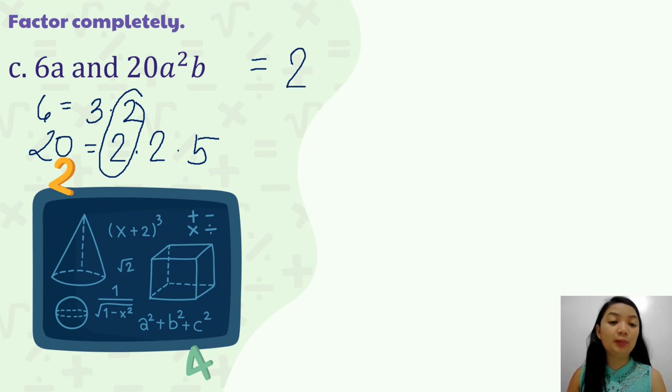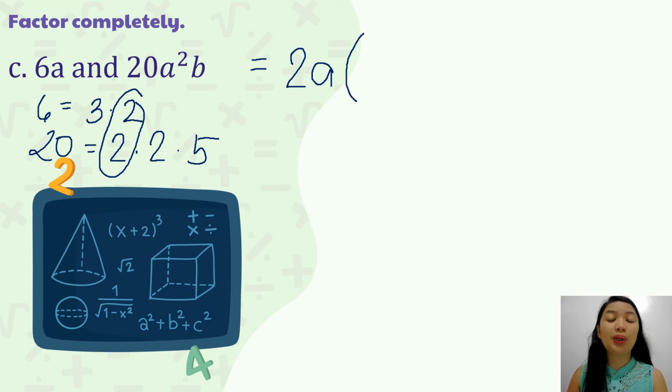How about the variable? Is there a common variable between them? Yes, that is a. Can we write b as another common factor? Correct. b is not present in the first term, so therefore b is not a common factor between the binomial terms. So we only have 2a.